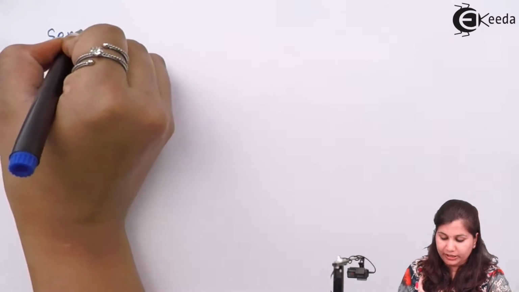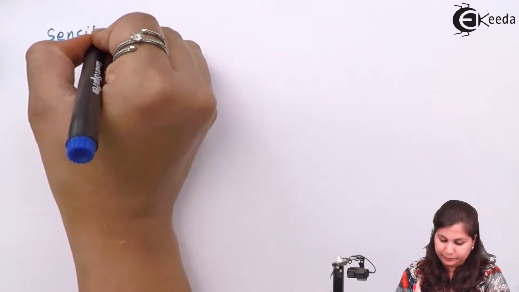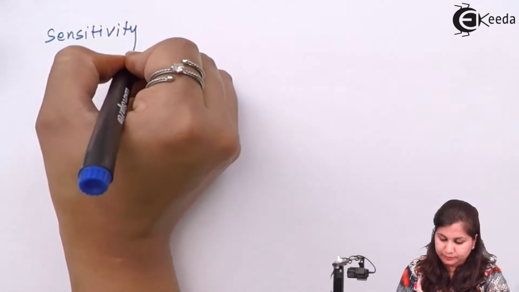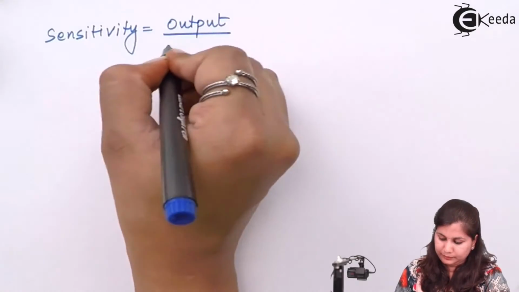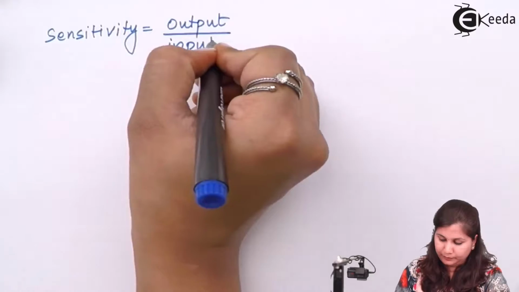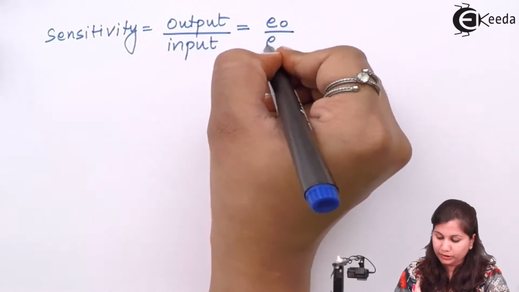Now if we talk about the sensitivity of the potentiometer, sensitivity is the ratio of output and the input. Output is what? E naught. Input is what? Ei.